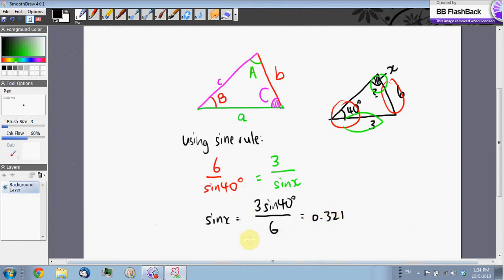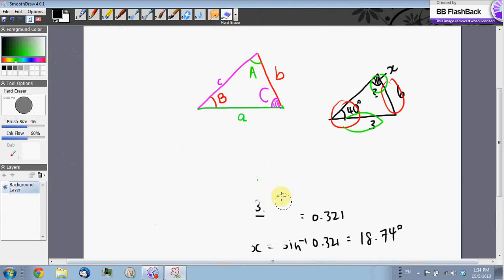And taking the inverse, x is equals to sine inverse 0.321, which is equals to 18.74 degrees. So that is all you need to know about the sine rule.